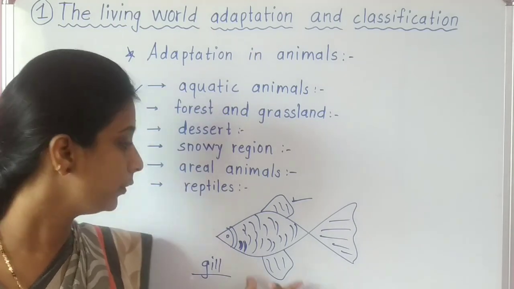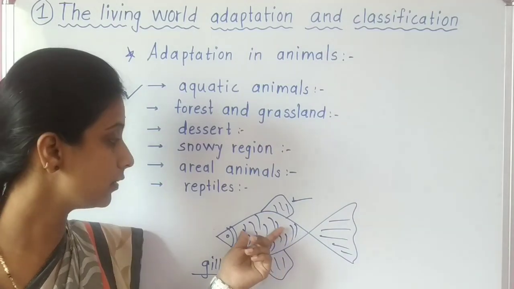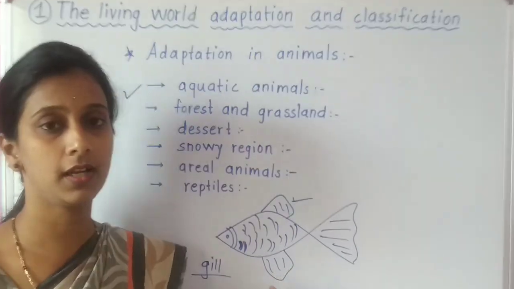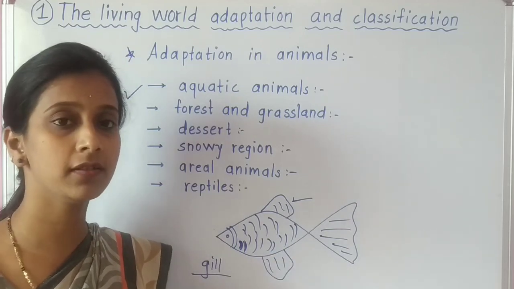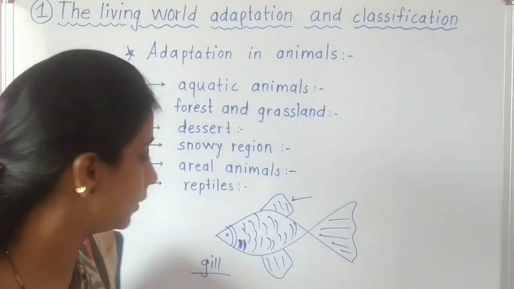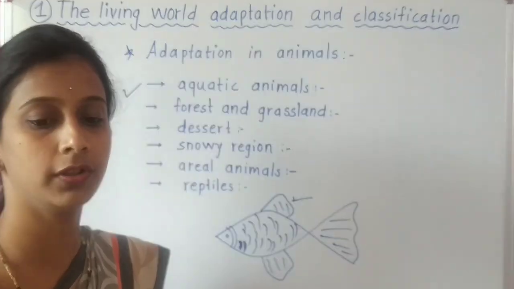So why? Due to the oily layer secreted by their skin and the presence of scaly skin, they can live inside the water and their body remains safe. So this type of adaptation takes place in fishes to live inside the water.